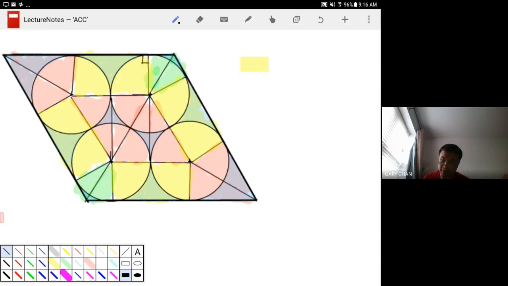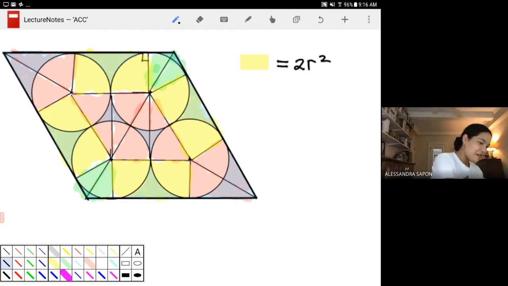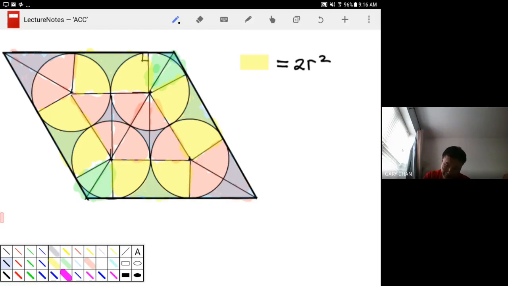It's 2r squared. Right? The area of the rectangles are 2r squared.